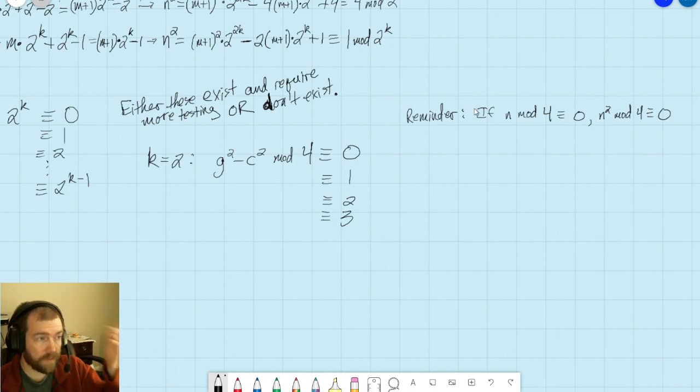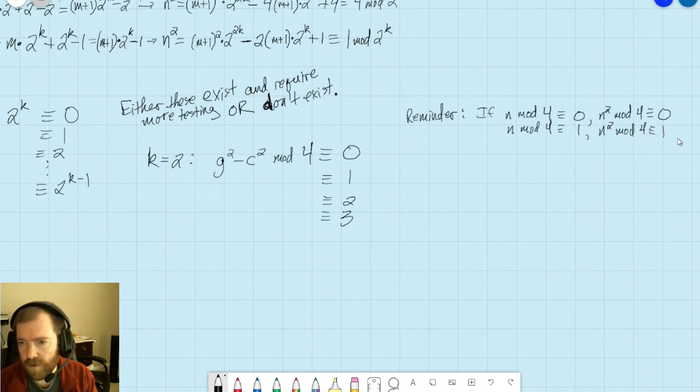Okay, so n mod 4 is 0, therefore n squared mod 4 is going to be 0. If n mod 4 is 1, then n squared mod 4 is also 1. If n mod 4 is 2, then we end up with, again, a 4 at the last number, and that 4 ends up being, again, 4 mod 4 is 0.